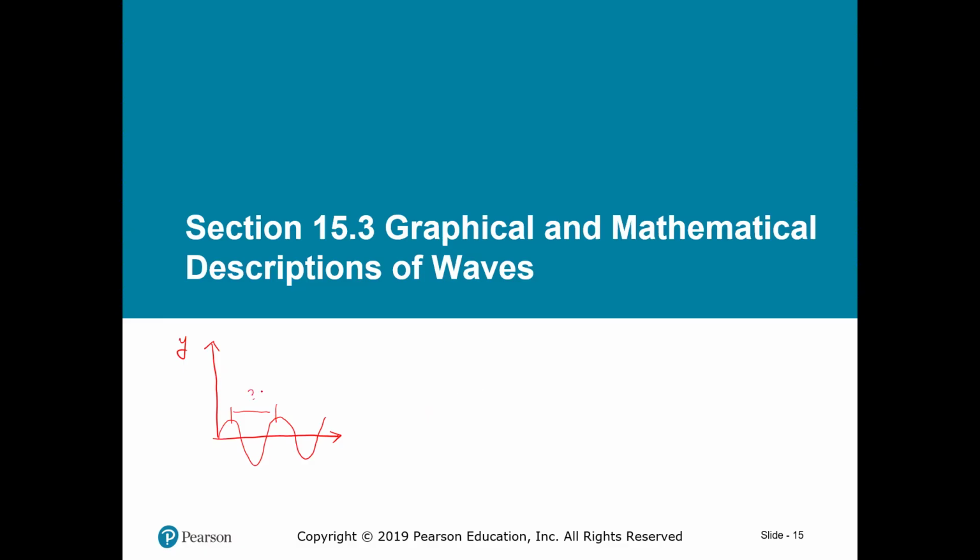I know some of you who studied the last chapter hard will say this has got to be your period T. But I know also some of you who took physics in high school will probably say, oh, the distance between two crests, I heard this is lambda, the wavelength. So what is correct?